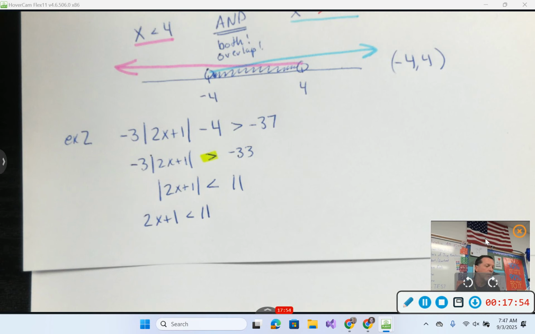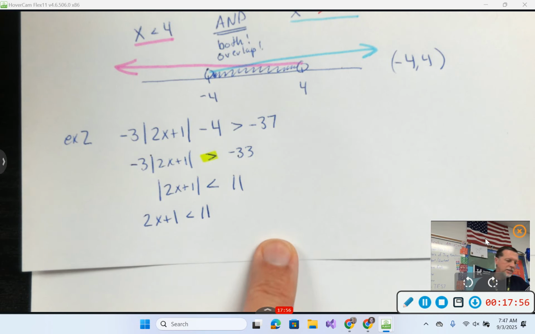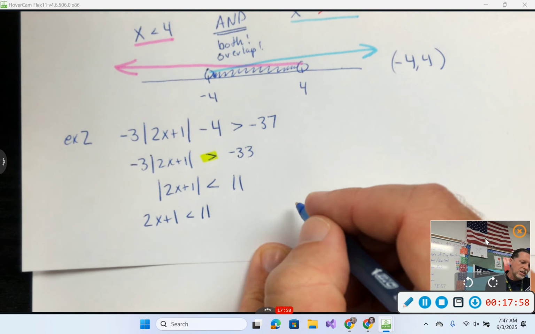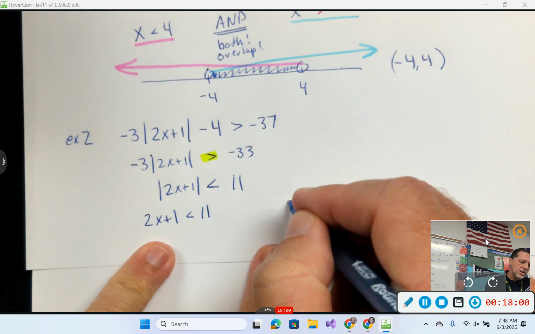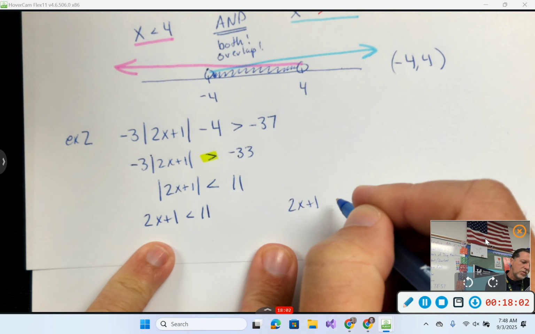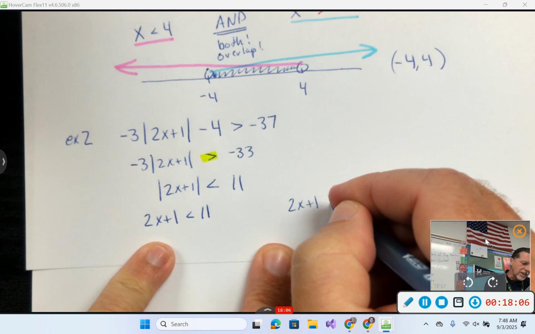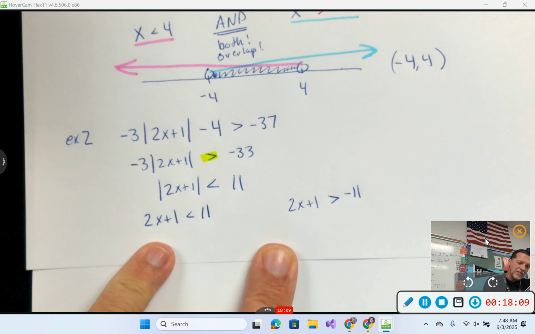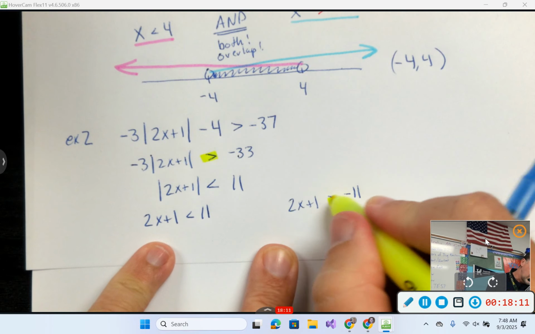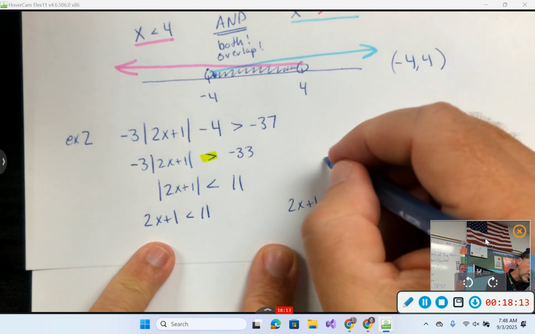So what's my other inequality going to be? X greater than negative 5. 2x plus 1, and then greater than negative 11. Change both signs.